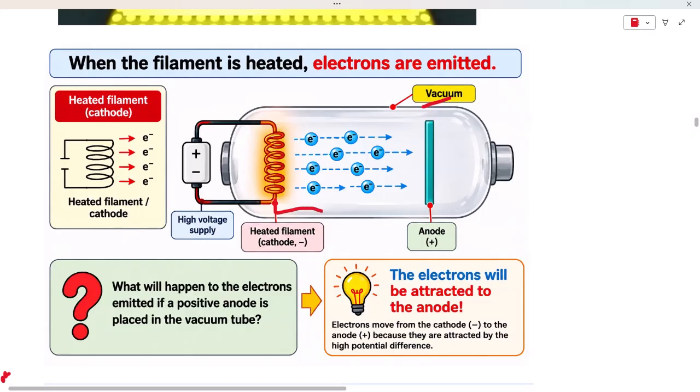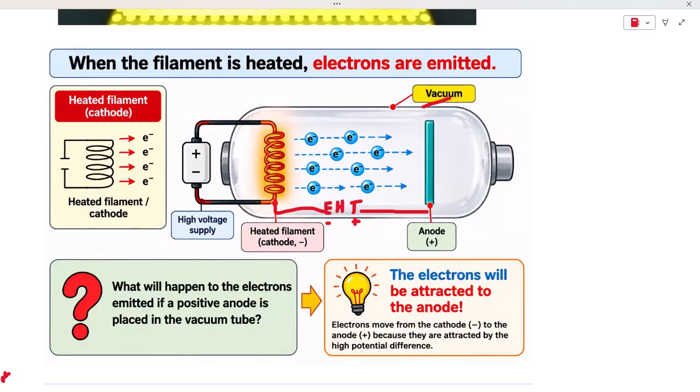We connect to what we call EHT, extra high tension. Here will be negative and here will be positive. So the electron, which is negatively charged, is attracted to the anode, which is positively charged.